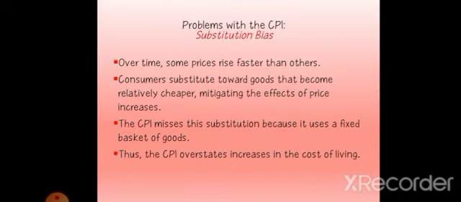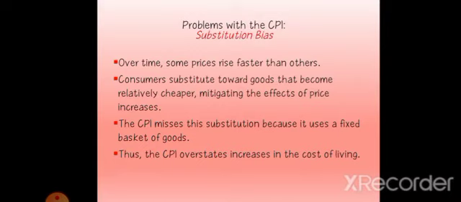When prices change from one year to the next, they do not all change proportionately, right? Not all at once. So some prices rise more than the others. So there are products whose prices rise more than other products.